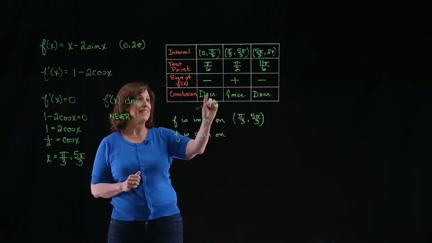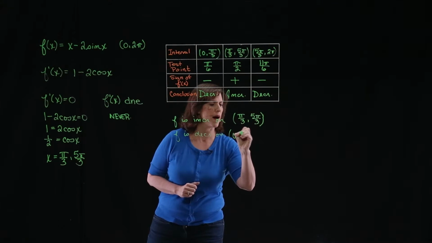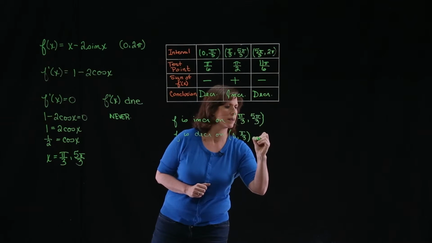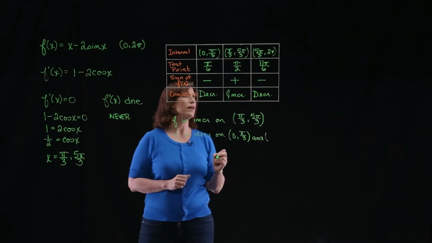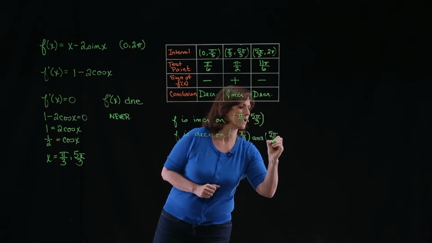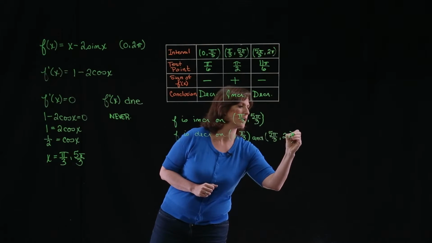Well, it's decreasing from 0 to pi over 3 and on the interval 5 pi over 3 to 2 pi.